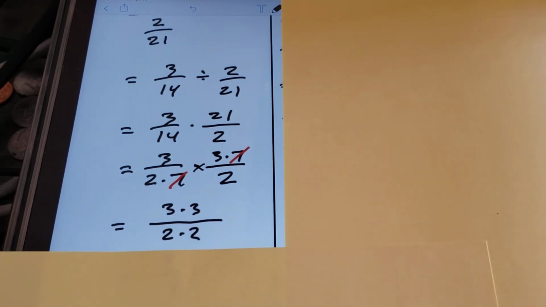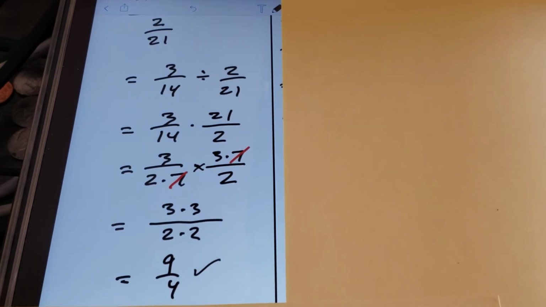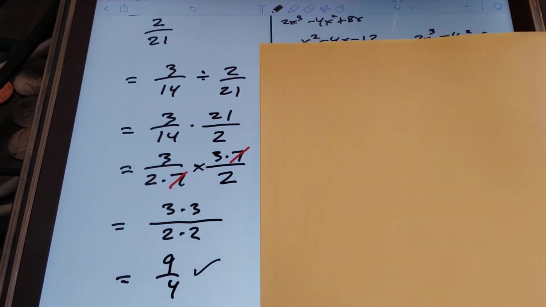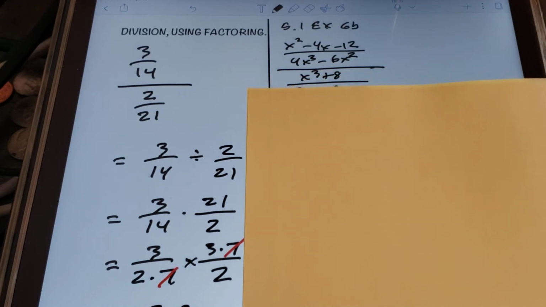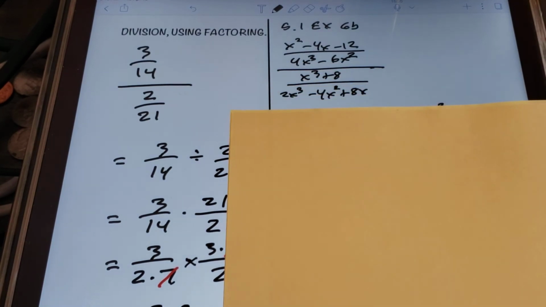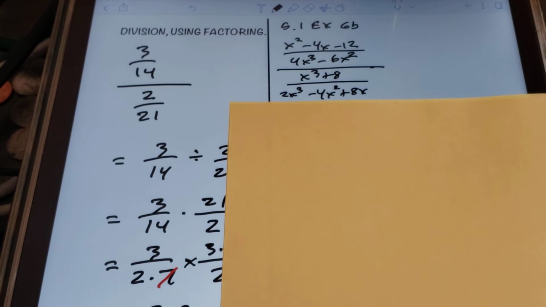After you cancel the 7s, you multiply everything together, and we get 9 over 4. So that's how you divided fractions. You've done it, you just might not remember doing it.